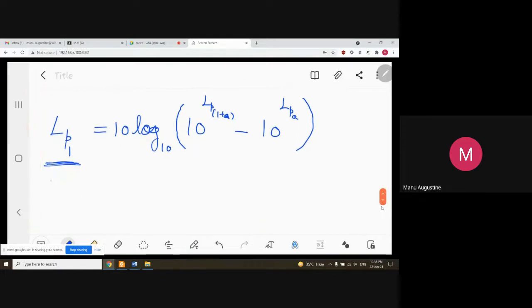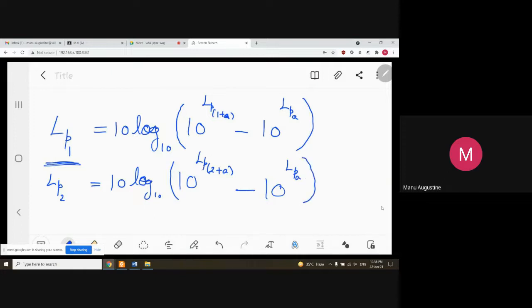Now I will similarly perform another set of calculations to extract LP2 value. This I can do by taking 10 log 10, and here I will take 10 to power LP of second plus ambient and subtract the value of the LP ambient, 10 to power LP ambient from this. This will give me the LP2 value.